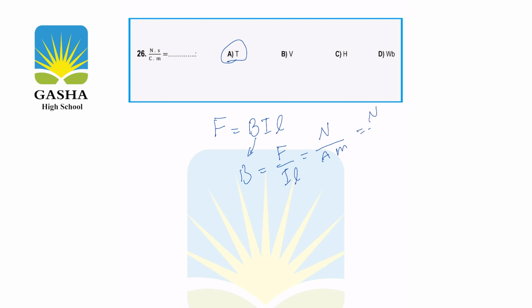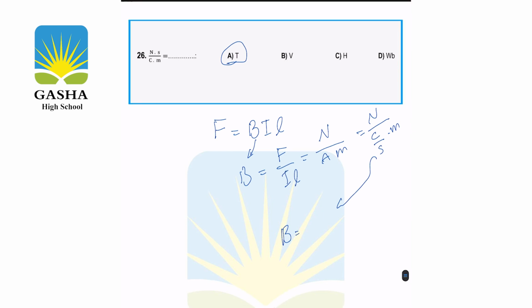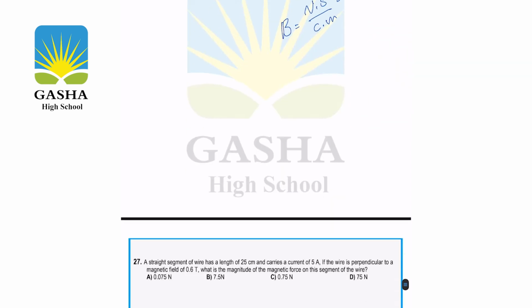Newton over ampere is coulomb per second times meter. Rewriting this equation, we get that the Tesla, the unit of magnetic field, is Newton dot second over coulomb dot meter. So A, Tesla, is the correct answer for question 26.